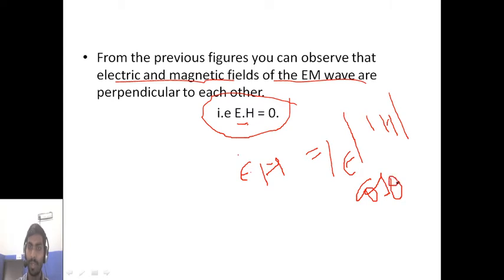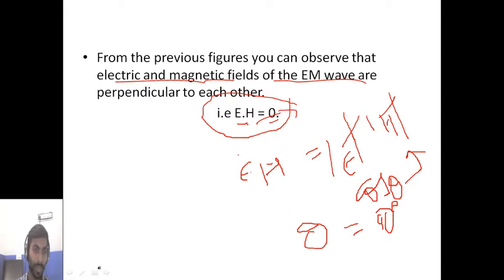If both are perpendicular, theta becomes 90 degrees. Cos 90 is 0. Zero multiplied with the magnitudes of the electric and magnetic waves gives 0. This shows that the electric and magnetic fields are perpendicular to each other.